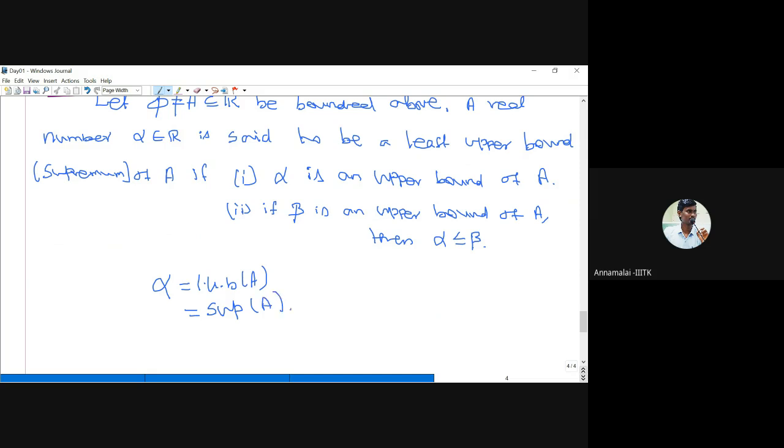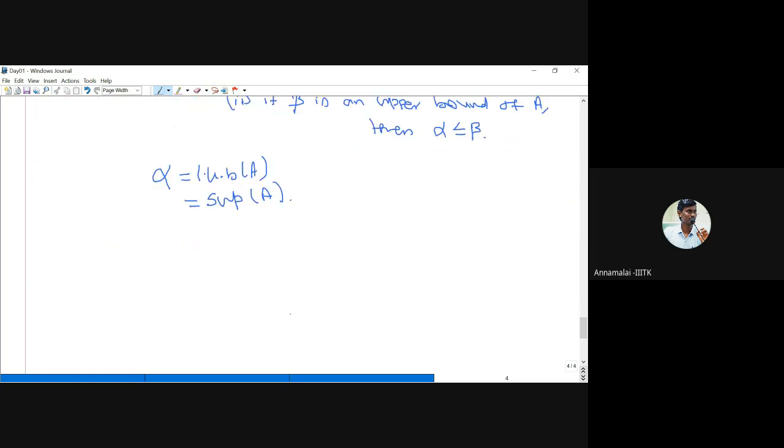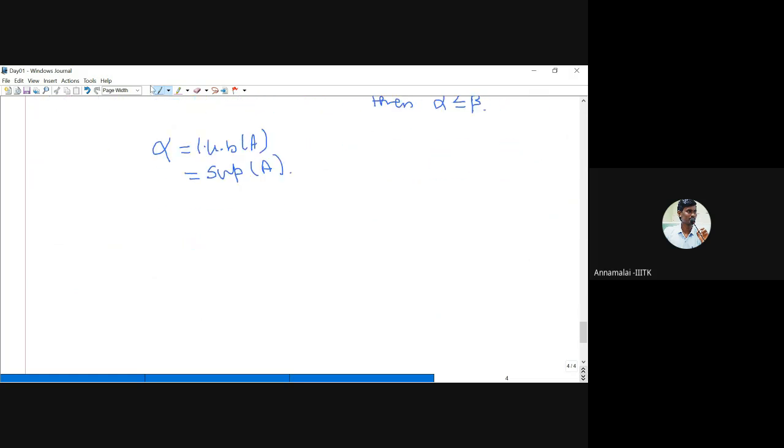Okay. Similarly, we define infimum or the greatest lower bound. So definition. We are talking about lower bound, therefore it should be a bounded below set.